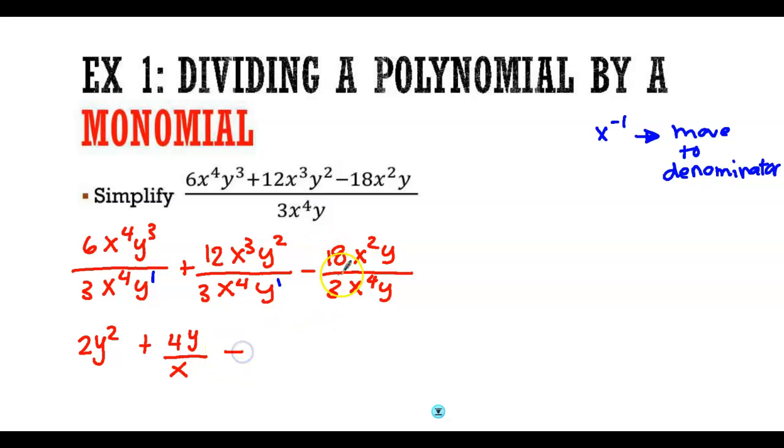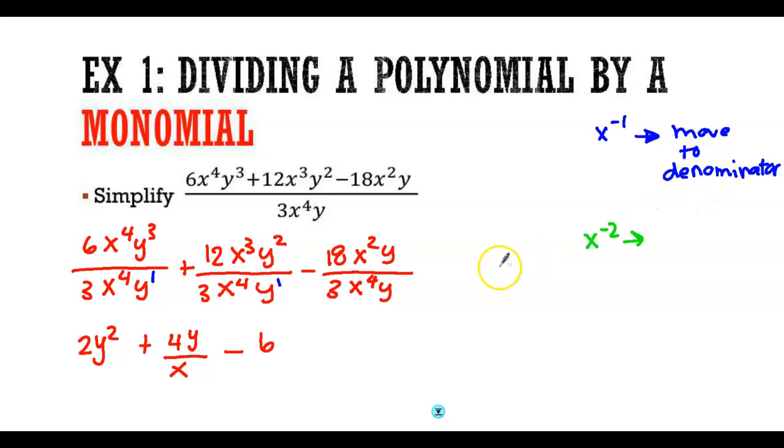Finally, let's look at this third part. I have 18 over 3, well, negative 18 over 3, but I already have that negative accounted for right there. 18 divided by 3 is 6. And then let's look here, 2 minus 4. 2 minus 4 is negative 2. Again, I'm going to work this off to the side. X to the power of negative 2. Again, I'm going to move that to the denominator, same as what I did before.